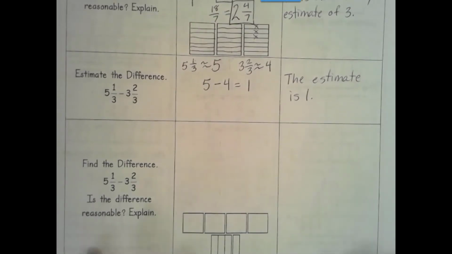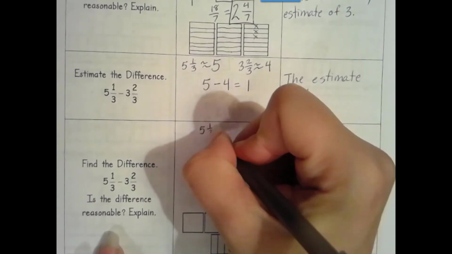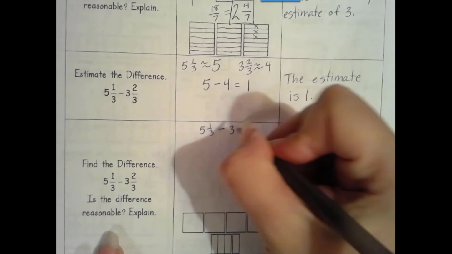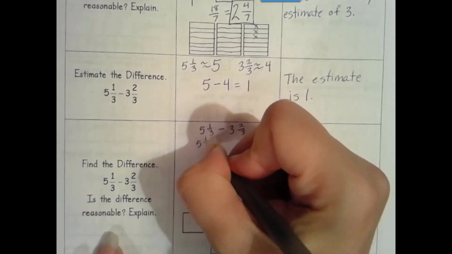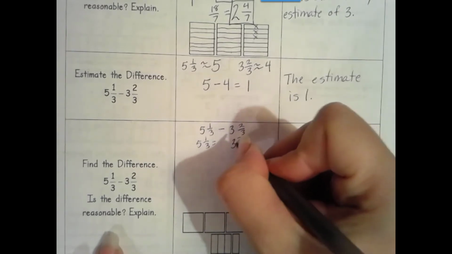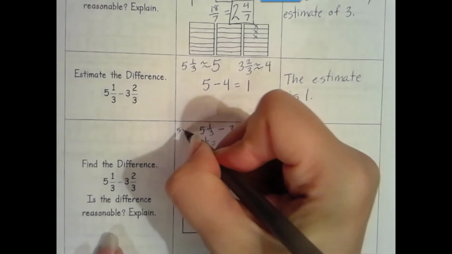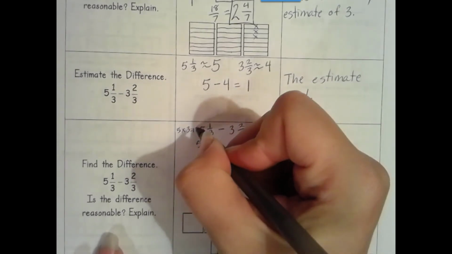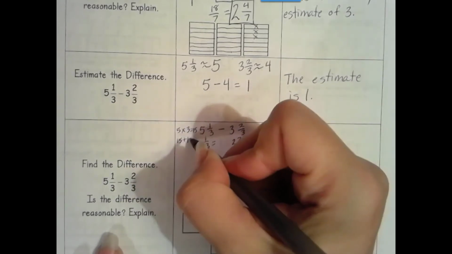Now we need to find the difference. So 5 and 1/3 take away 3 and 2/3. Well, first I've got to change each of these into their improper fractions. 5 times 3 is 15. 15 plus the 1 is 16.